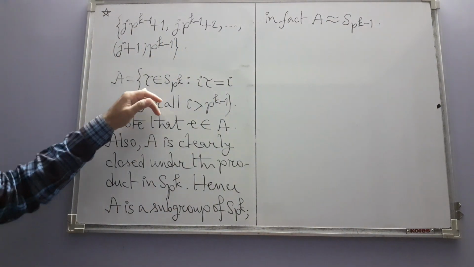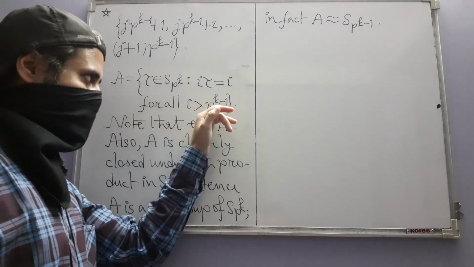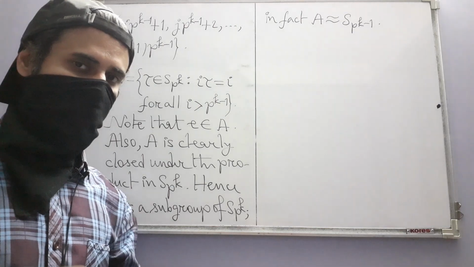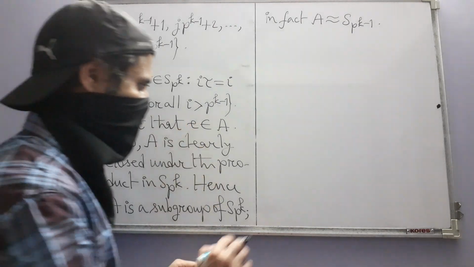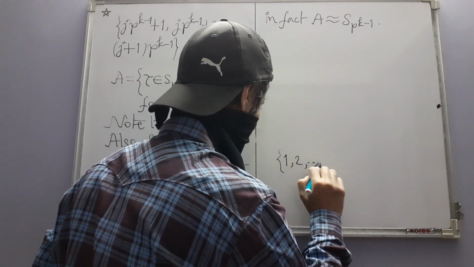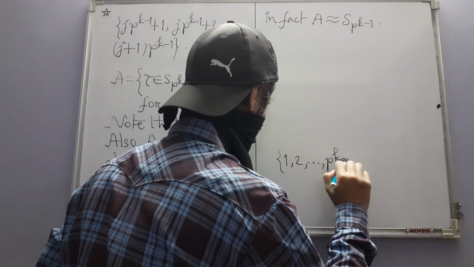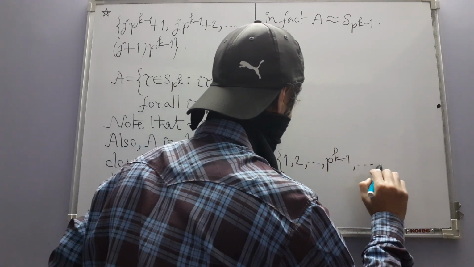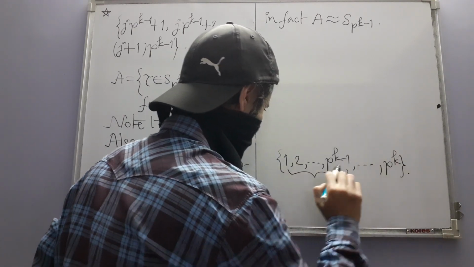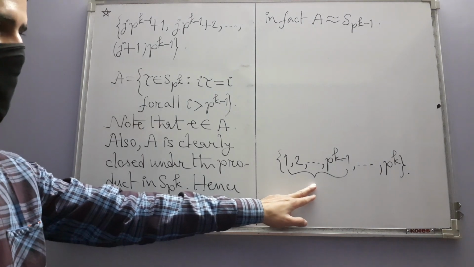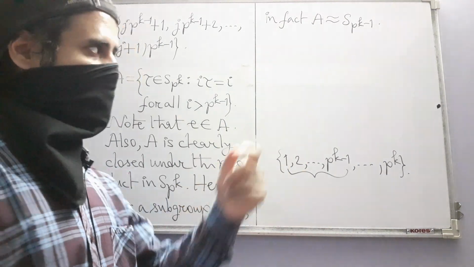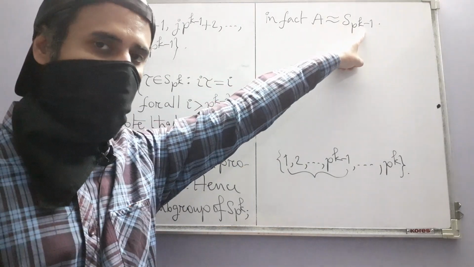You remember when we said that these are the only restrictions on tau. Tau can do whatever it wants in this region, and precisely that type of permutations make this group.